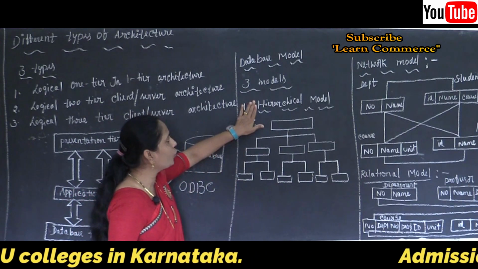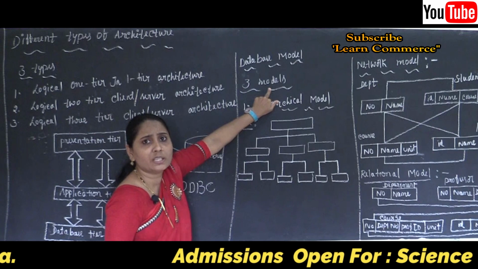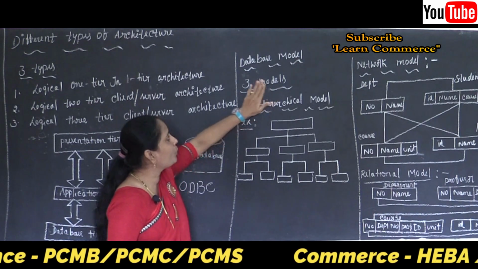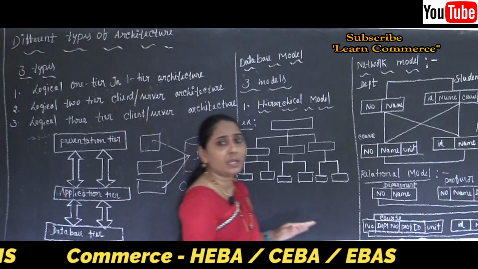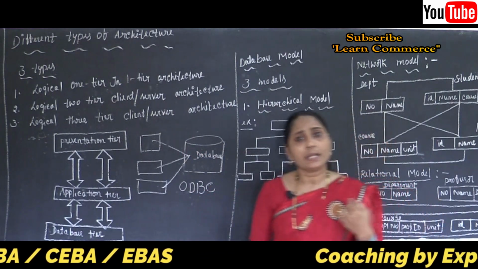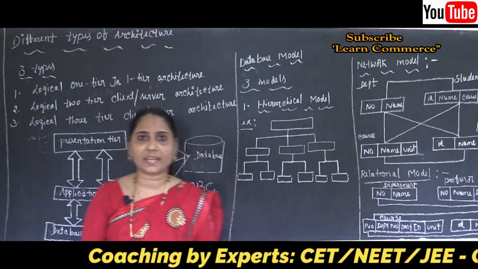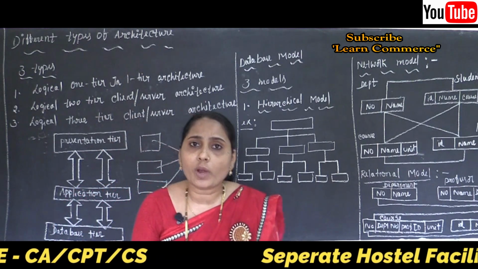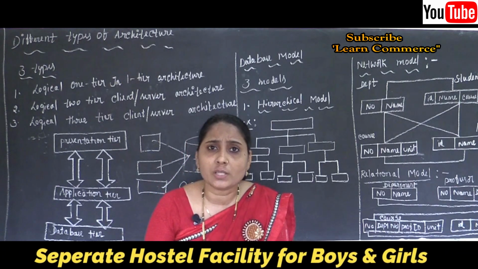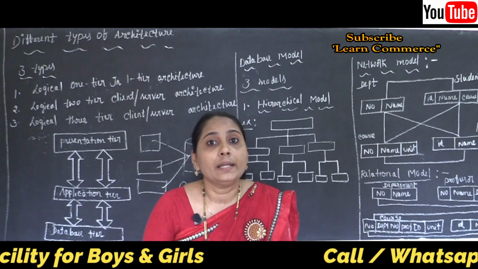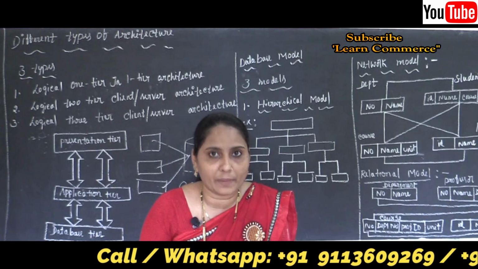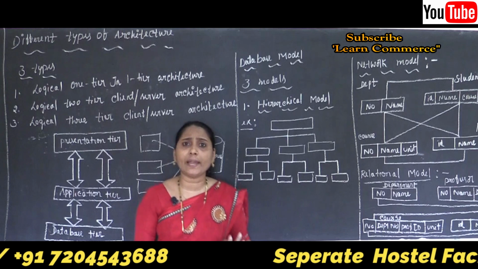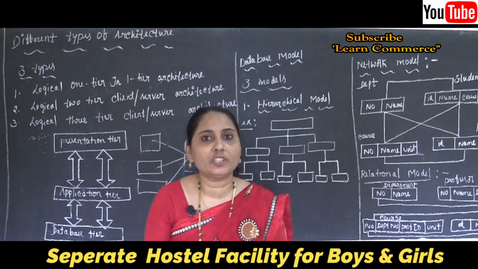Before going to the three models, because the database structure uses three models, let's understand the meaning of data abstraction. So what about data abstraction? The main objective of the database system, the DBMS, is to highlight only the essential features to the users.